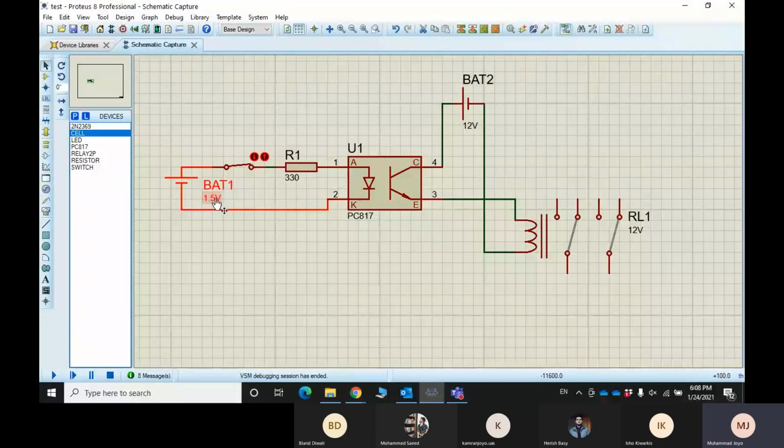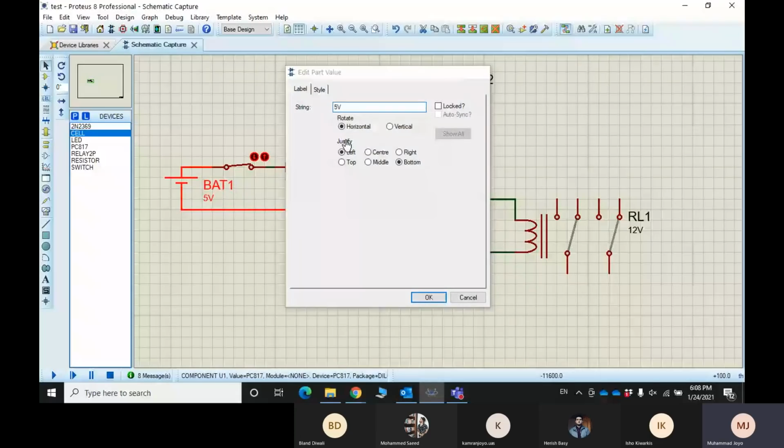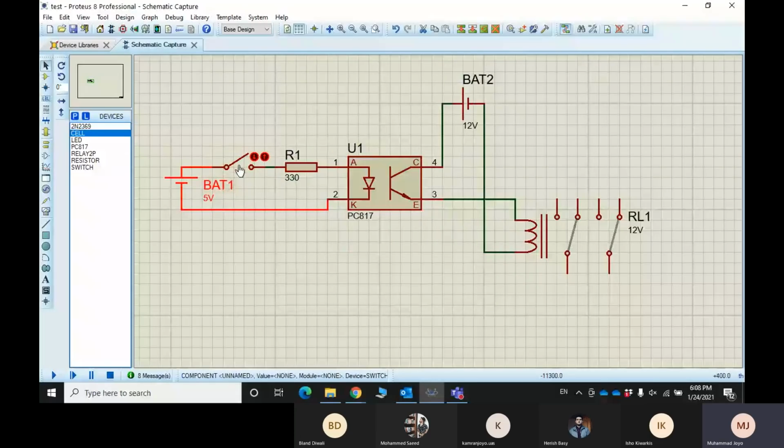Let's make it 5 volts and let's see if we can turn it on or not.